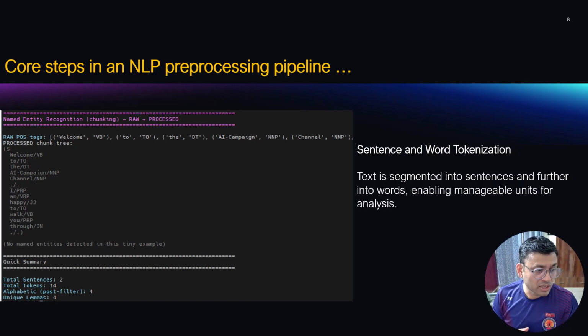Welcome to the AI channel. The quick summary from the script I created using NLTK: total sentences is 2, total tokens generated is 14, alphabetic POS filter we used 4, and unique lemmatization is 4. I will provide this script to you guys later on.